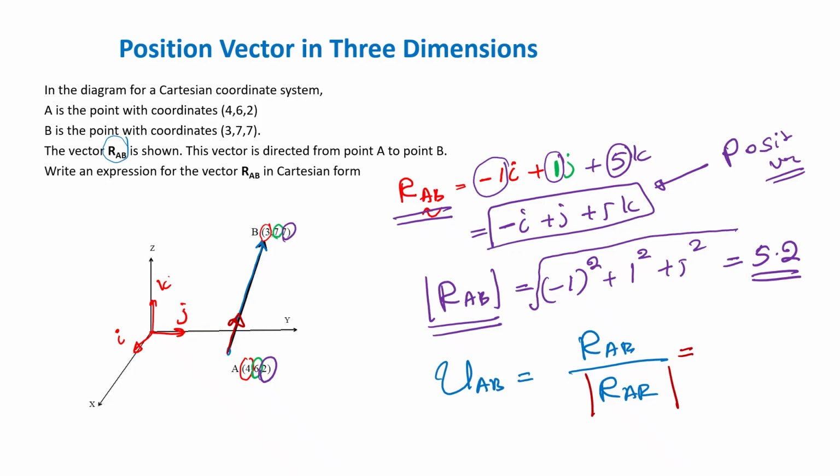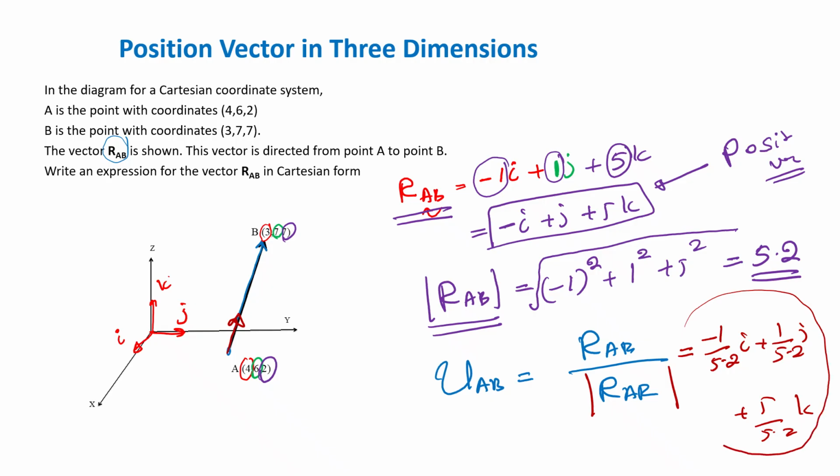Minus 1 over 5.2 i plus 1 over 5.2 j plus 5 over 5.2 k. This we call the unit vector, and if you find the magnitude of the unit vector, you should get 1, because the meaning of the unit vector is it has magnitude 1.